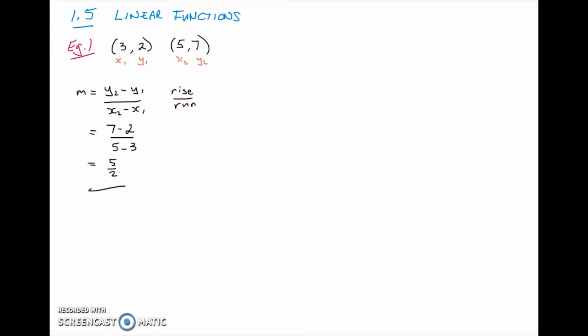And now the next step is to find the angle that the line makes with the positive direction of the x-axis. And that's the angle that I've marked in here. That's the angle with the positive direction of the x-axis. Okay, that angle there with the right-hand side, not the underneath. Okay, it's always on the top side.